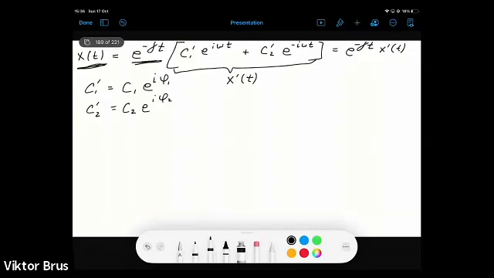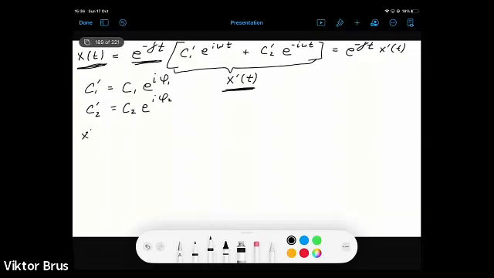So we now are interested in this complex part of our solution, x prime of t. So let us write it down in a format where every quantity is given in terms of real and imaginary components.